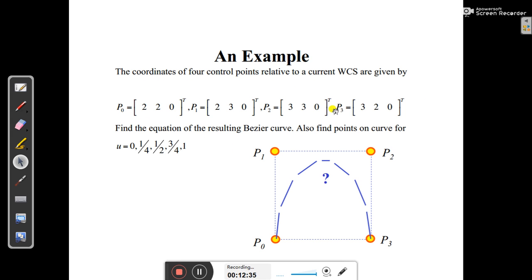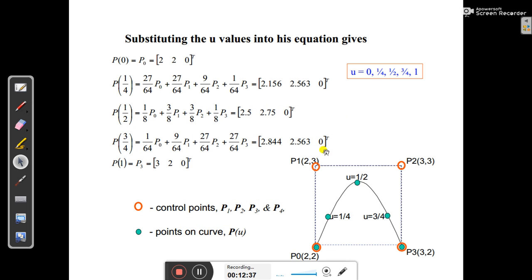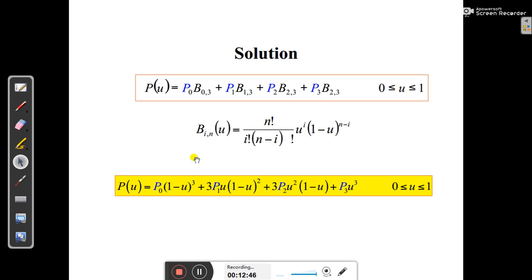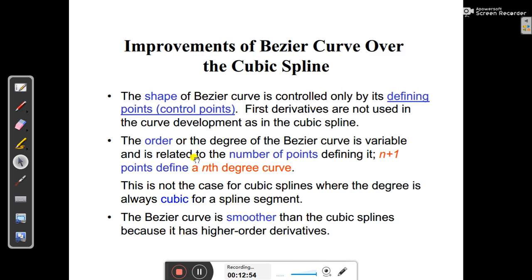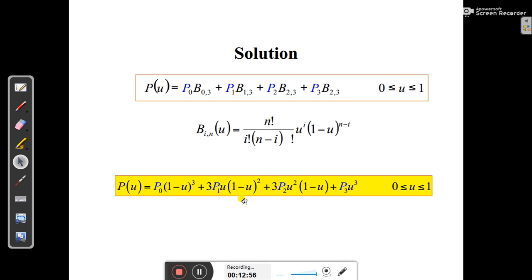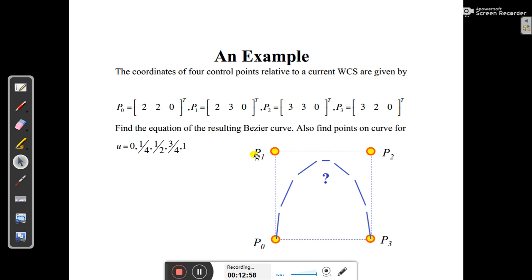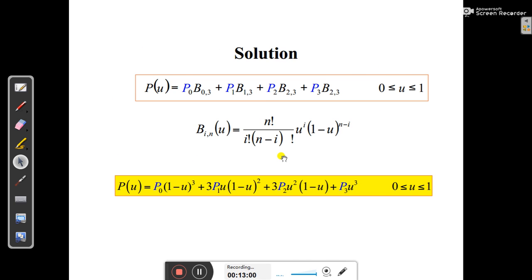Here these are the control points, and using those control points we have found these points. So you can again try to understand this by following the equations, okay.